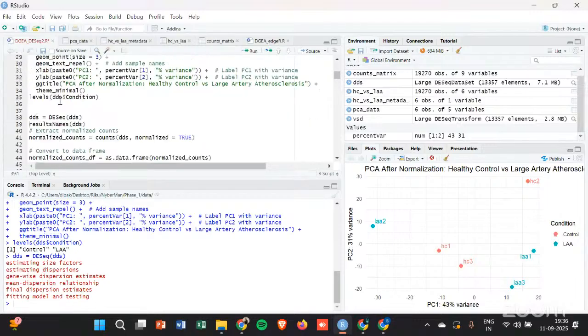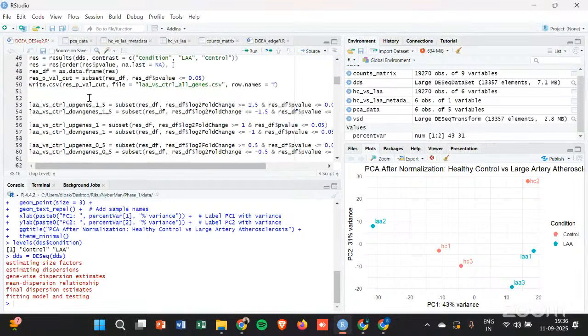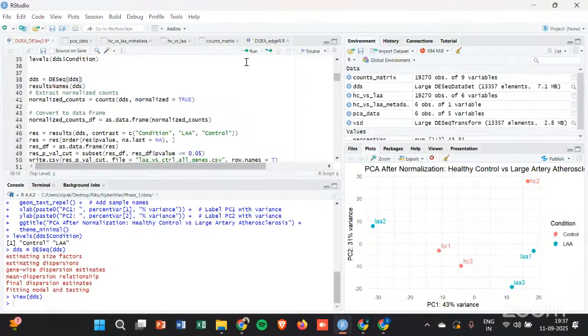And it takes in as parameter the DDS object that you had created here. This is the DDS object. Now that I have done this, this DDS object will now contain all the information that I need.